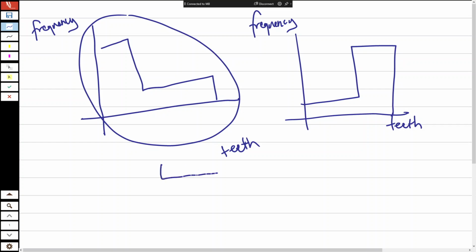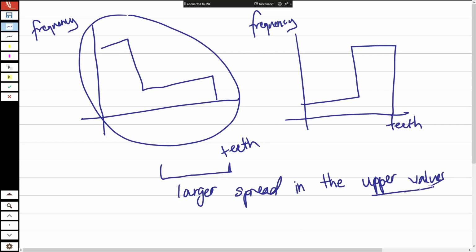So there is a larger spread, that is to say a lower frequency in the upper values, or the positive direction.